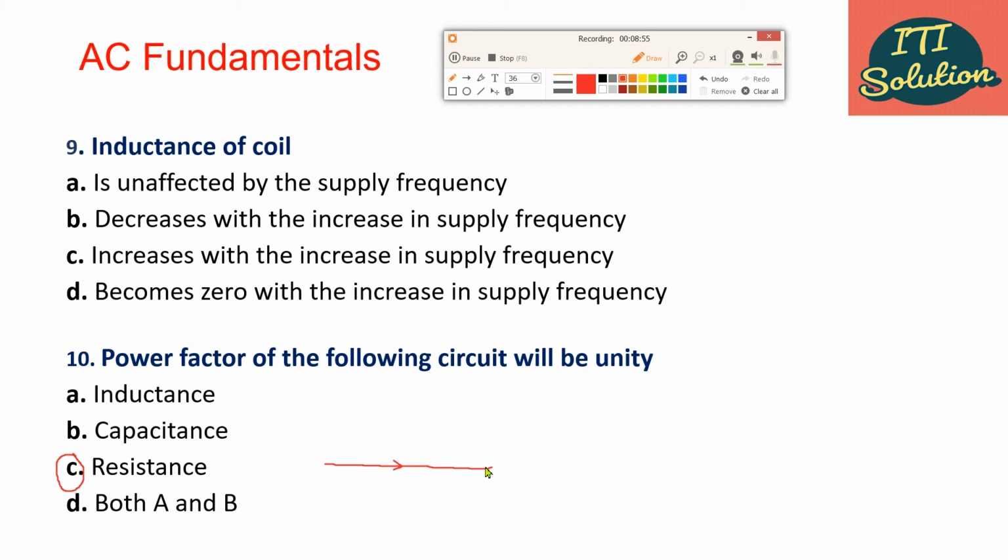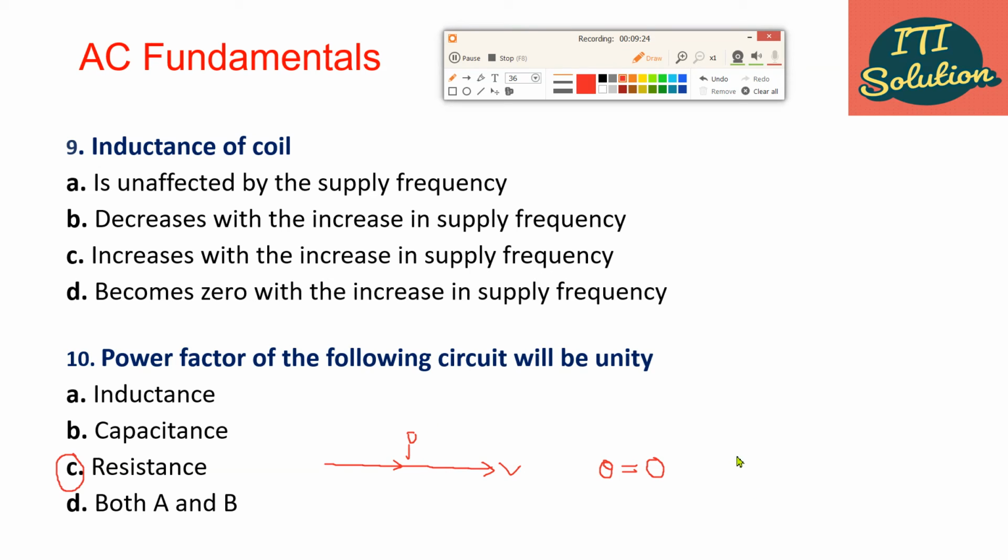Because the phase angle of I, means current, with respect to voltage, means V, denoted by theta, is 0, because voltage and current are in the same phase.